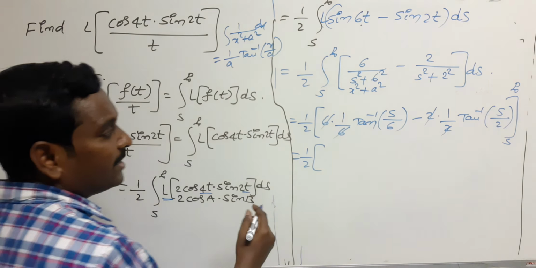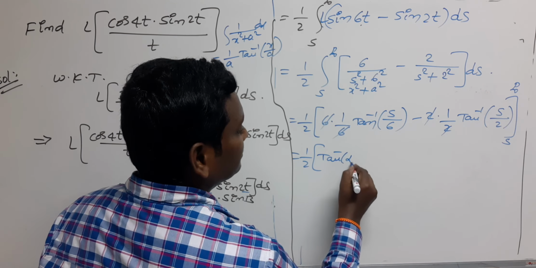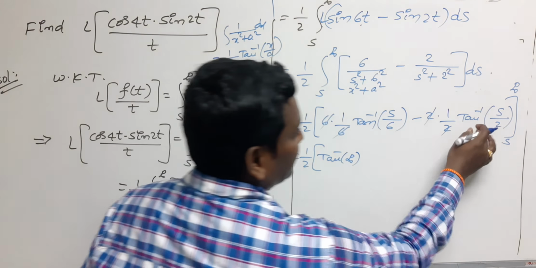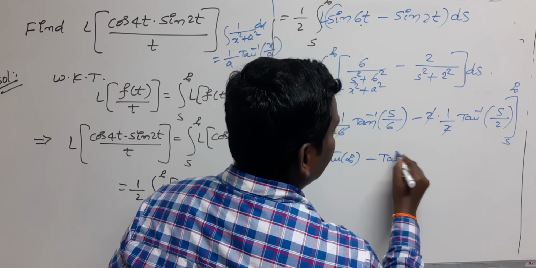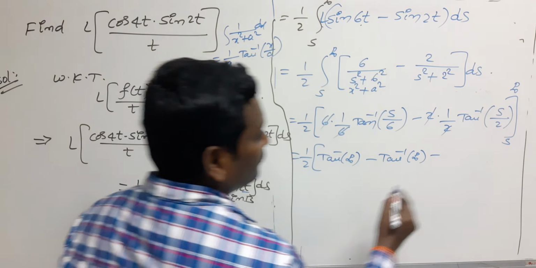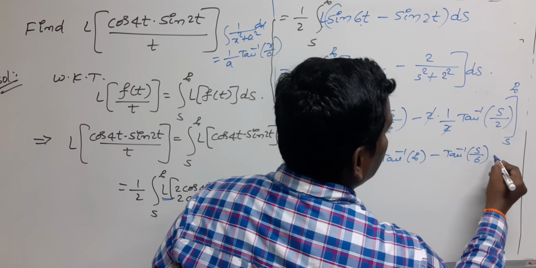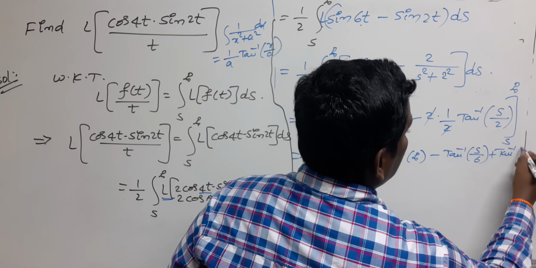By applying the upper limit, you will get tan inverse of infinity minus again you will get tan inverse of infinity. Now replace s by s only. So you will get tan inverse of s by 6 minus of minus plus tan inverse of s by 2.